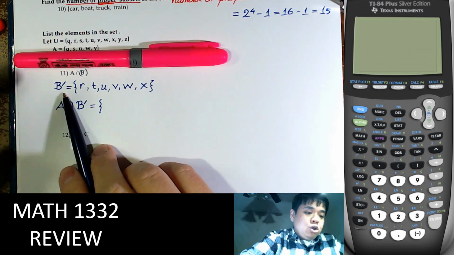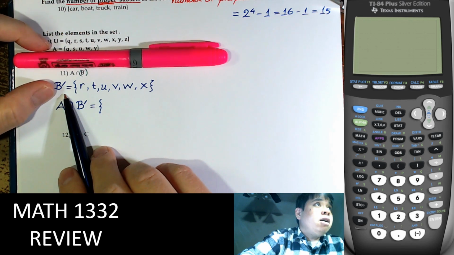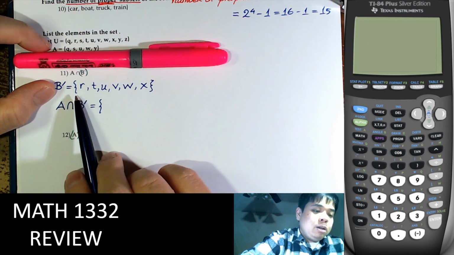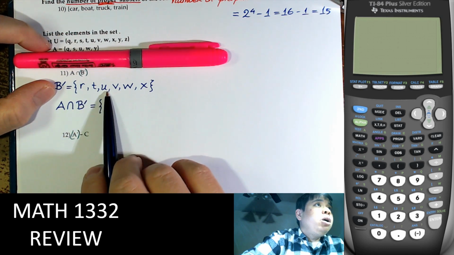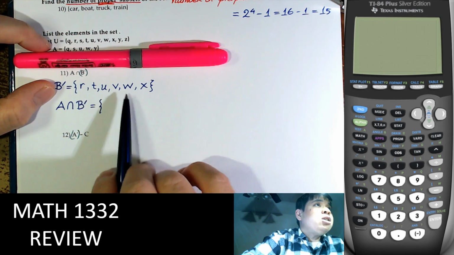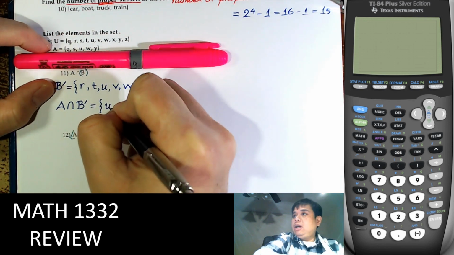The intersection, so pretty much we just find the common elements of these two. So what do they have in common? Well, there's a U and there's W. So pretty much U and W.